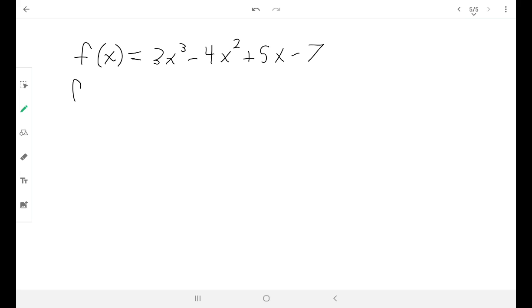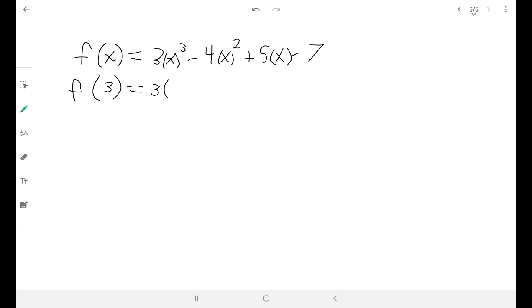If I ask you for f of something, let's say f of 3, what I'm asking you to do, and this will be easier if you put parentheses around every x and replace these parentheses with these ones. In other words, all the x's become a 3.